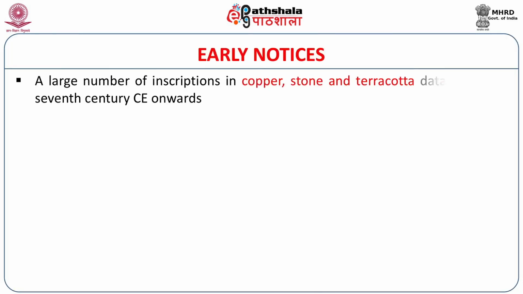neglected. If we look at the early notices of these proto-regional scripts, a large number of inscriptions in copper, stone and terracotta datable from the 7th century CE onwards were found, and these formed the earliest set of proto-regional scripts.